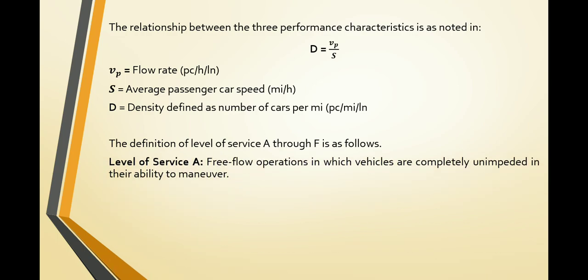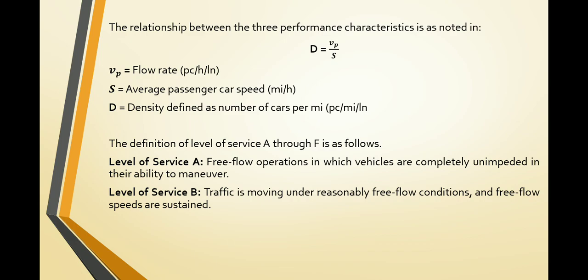Level of service A, free flow operations in which vehicles are completely unimpeded in their ability to maneuver. LOS B, traffic is moving under reasonably free flow conditions and free flow speeds are sustained.